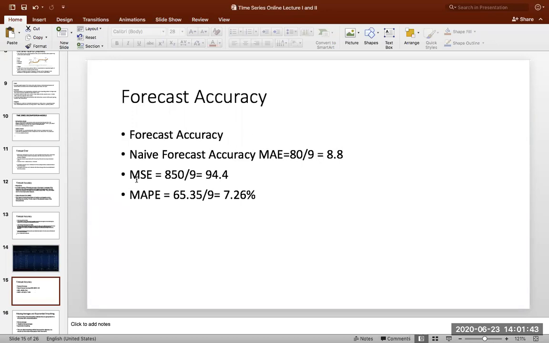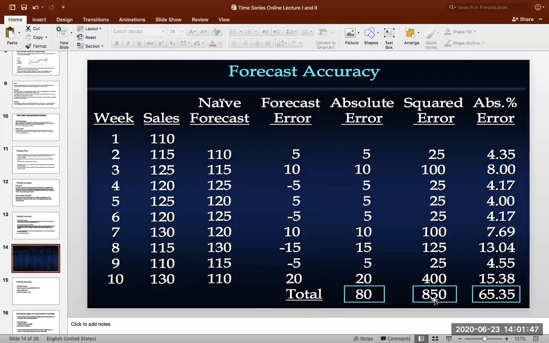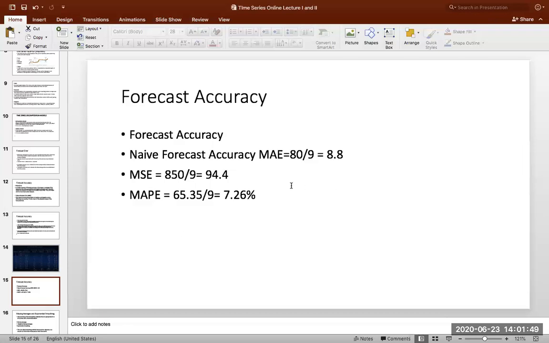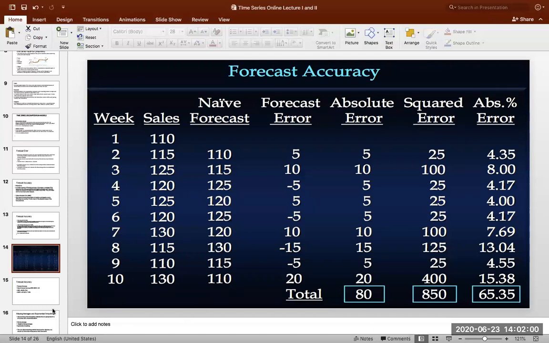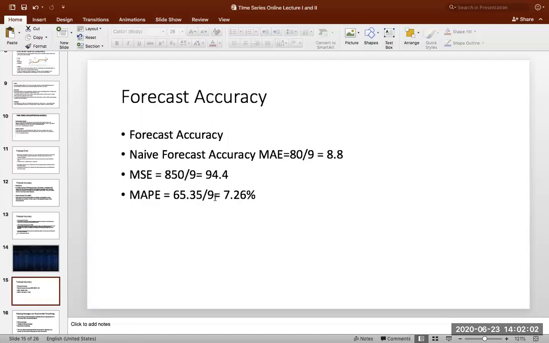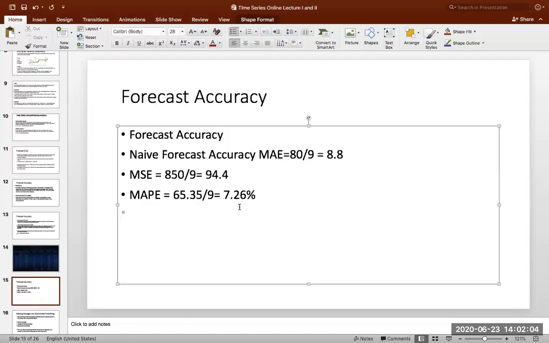And then the mean square error is this value you get here divided by that. And then the mean absolute percentage error will be this value divided by the number of observations, which is 9, which will give you 7.2%. So the forecast percentage error is 7.26%. Okay.